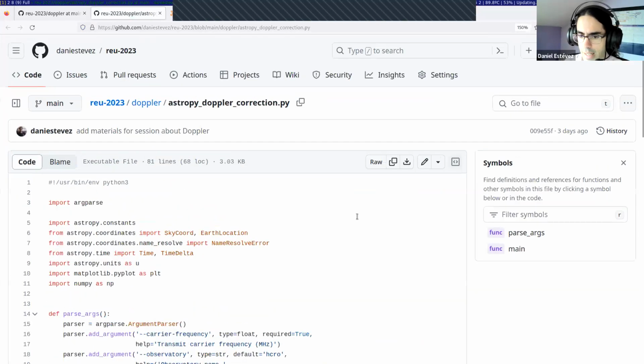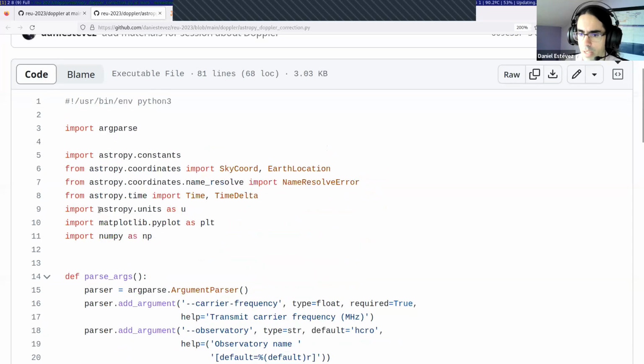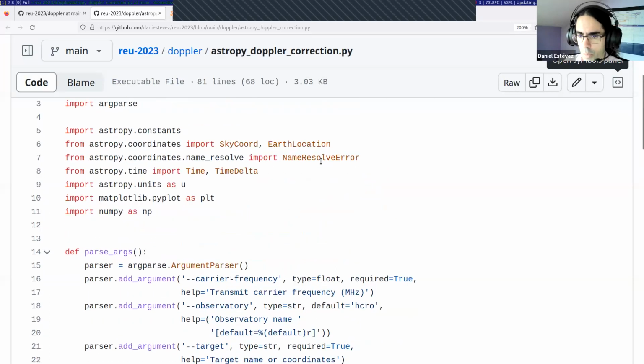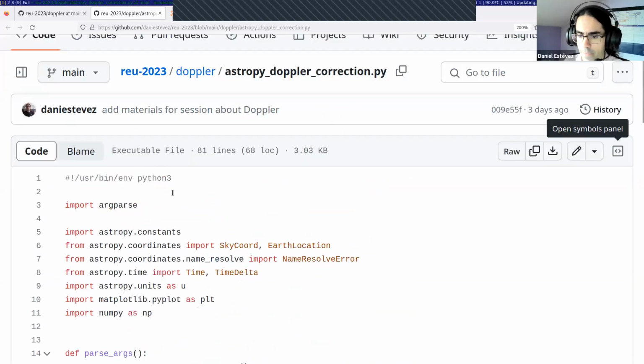And I guess all of you are familiar with the AstroPy Python library. It's a library to compute stuff in astronomy. So we will use this script to compute the Doppler for any object which is far away on the sky, such as a star, a quasar, or basically anything outside the solar system.